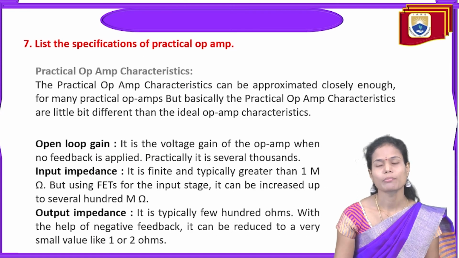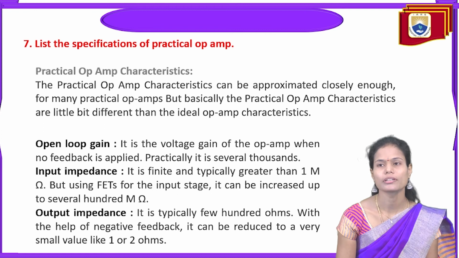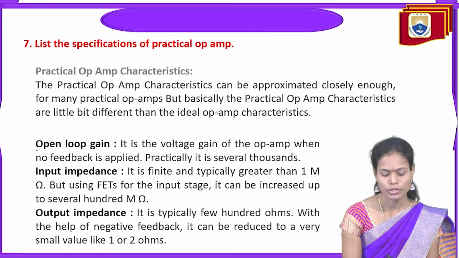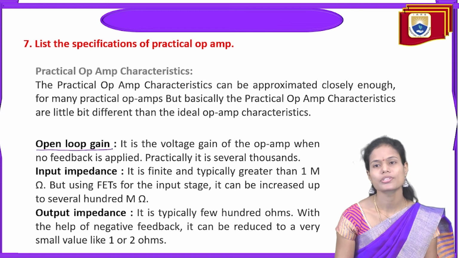List the specifications of a practical op-amp here. Practical op-amp characteristics can be approximated closely to reach the ideal case here. But basically practical op-amp characteristics are a little bit different compared to the ideal op-amp characteristics. If you take the open loop gain, it is the voltage gain of the op-amp when no feedback is applied. Practically this value is several thousands here.